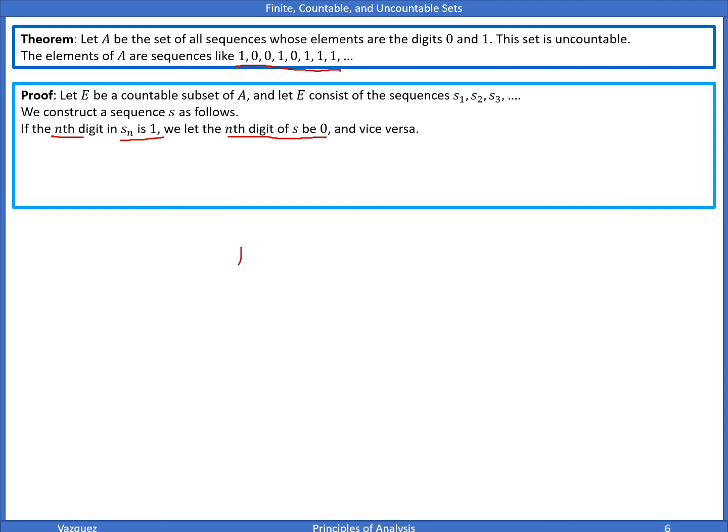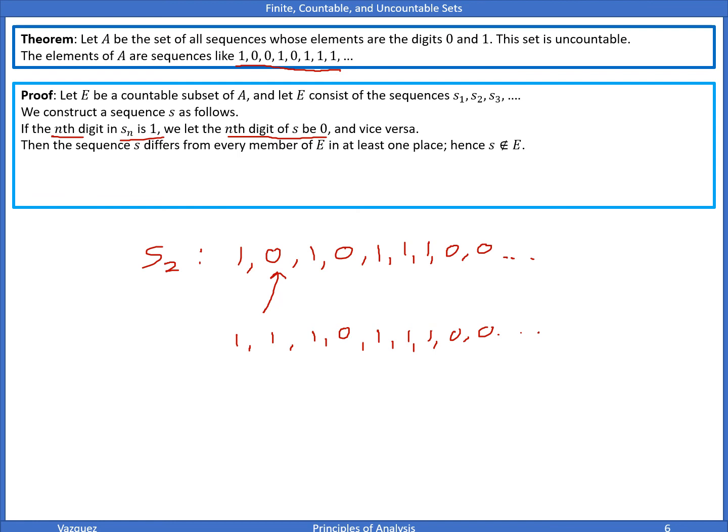Right? So for example, if I had this sequence, and say in s sub 2, I would change this 0 to a 1 to now have the sequence 1, 1, 0, 0. That's what that's saying. So then the sequence s differs from every member of E in at least one place.